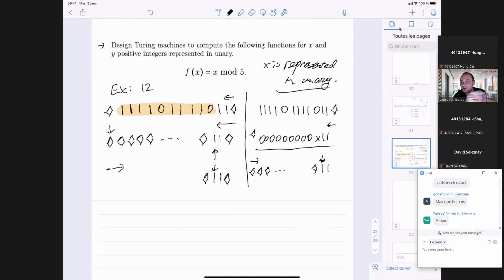But then you need to have two different states anyway. That would be another approach. That would also work. But you need to have two different states, where the first character is a 0, then you do one thing, and where the first character is not 0 that you encounter upon going to the left. So if the first character is 0, when you reach a blank on the left, you stay there.